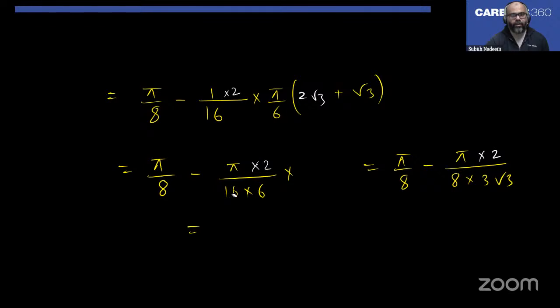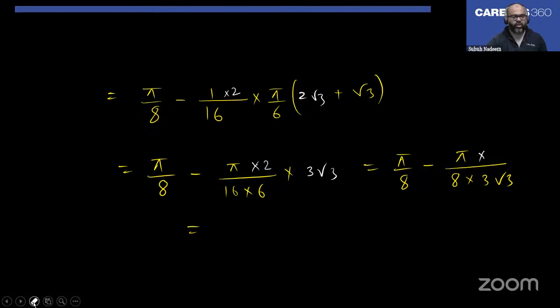So it is pi by 8 minus, this also we make pi by 8. There is no 2 here. So minus pi by 8 and then 3 root 3 by 6.